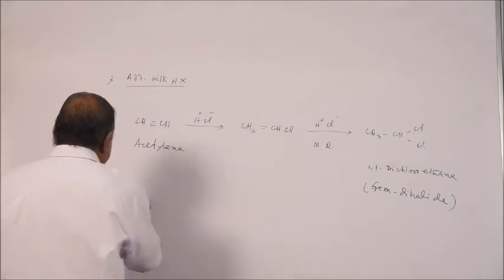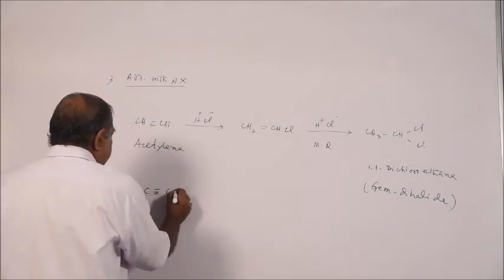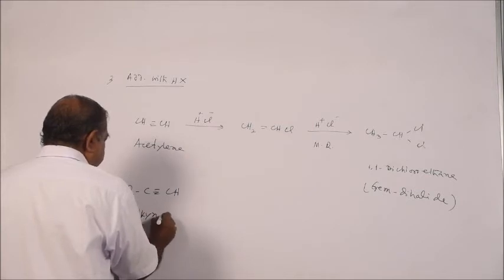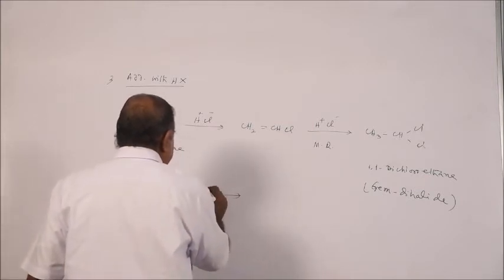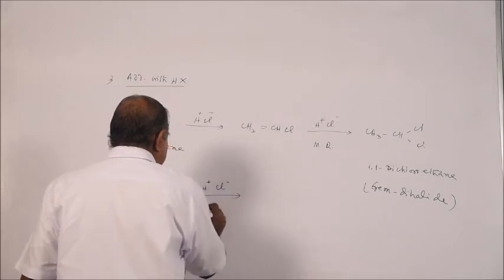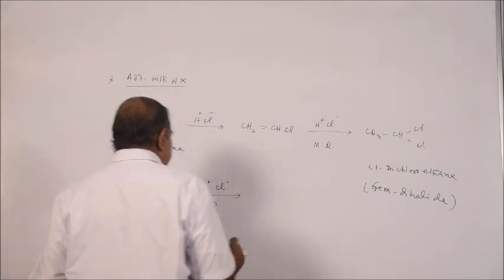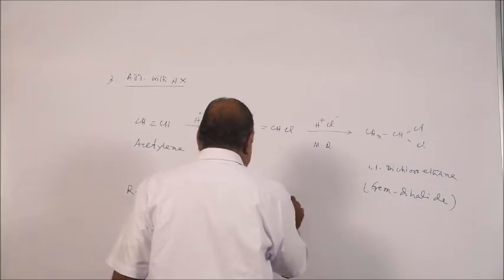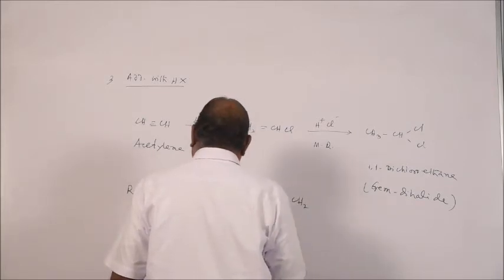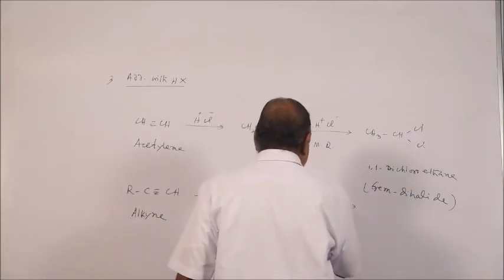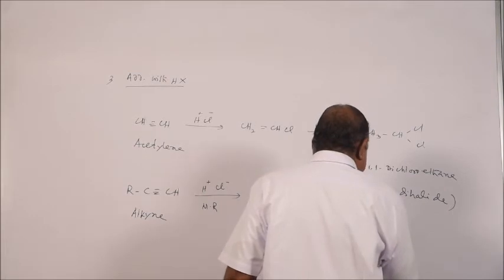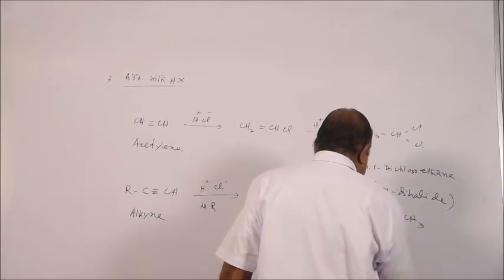But if we start with an unsymmetrical molecule, any alkyne, and treat with H plus Cl minus, here Markovnikov's rule will apply from the beginning because the molecule is unsymmetrical. So, again on treatment with H plus Cl minus, you are getting a gem dihalide.